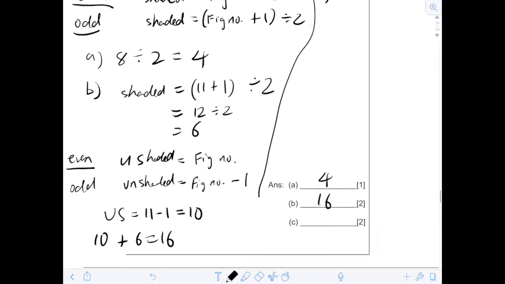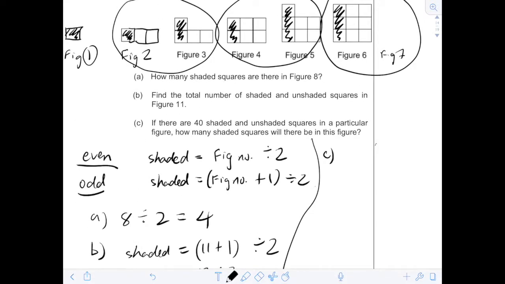If you notice, the pattern here is that for part C, I'll just do it first, then I'll explain. It's just 40 minus 1 will give you 39. Then after that, you take 39 divided by 3 will give you 13. And then lastly, you get 13 plus 1, which will give you 14.